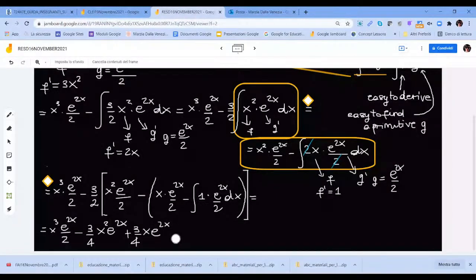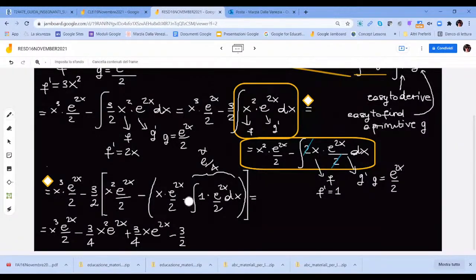And then we have minus 3/2 that multiplies the last one, but we know that this integral is e to the 2x divided by 4. Okay, so we have a minus. We have again a minus.